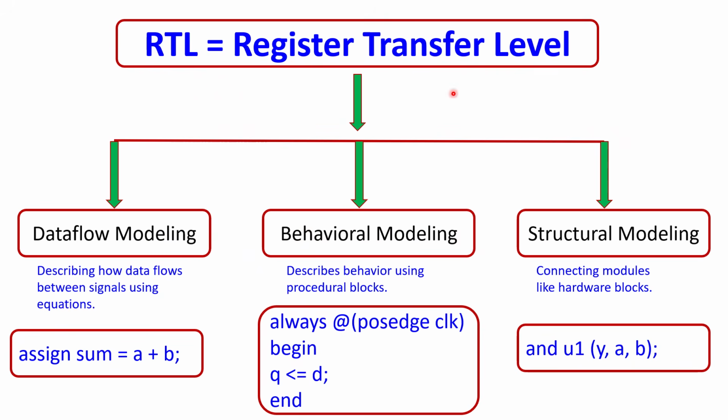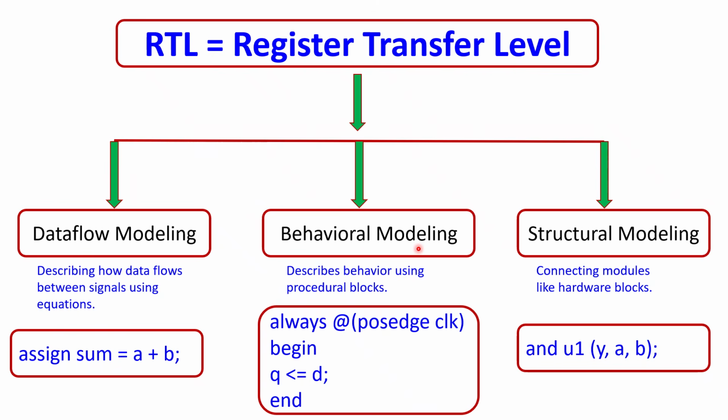This RTL code can be written using three types of modeling. One is data flow modeling, behavioral modeling, and structural modeling. First, the data flow modeling describes how data flows between signals using equations. For the data flow modeling, we use assign and we use equation type.